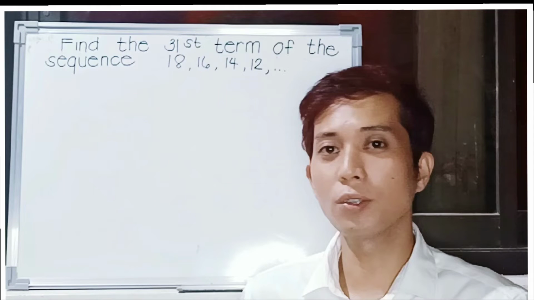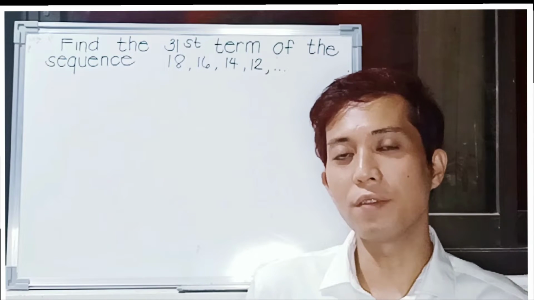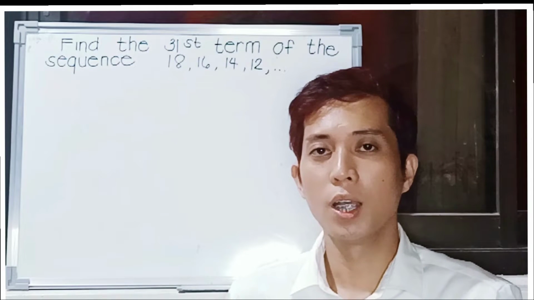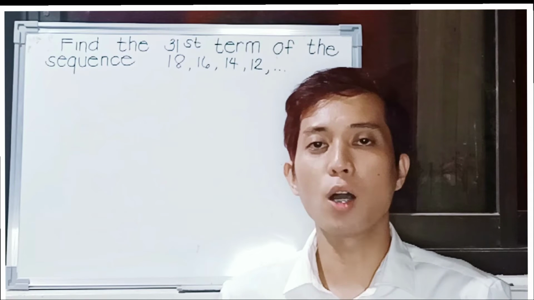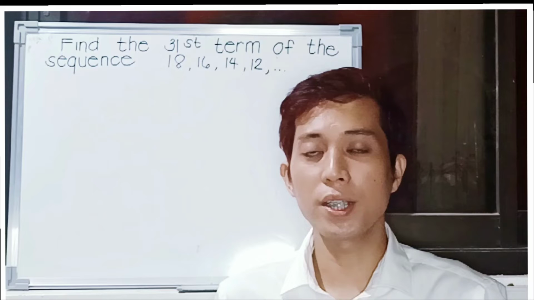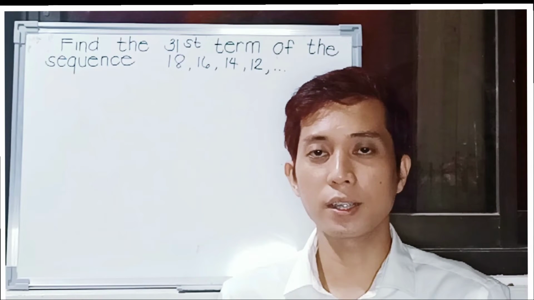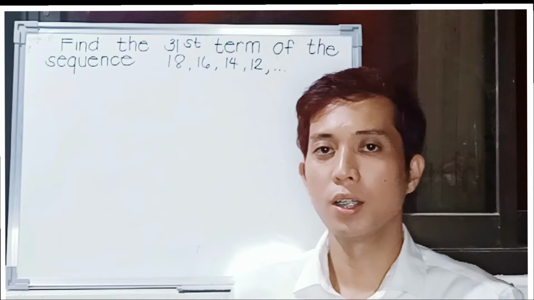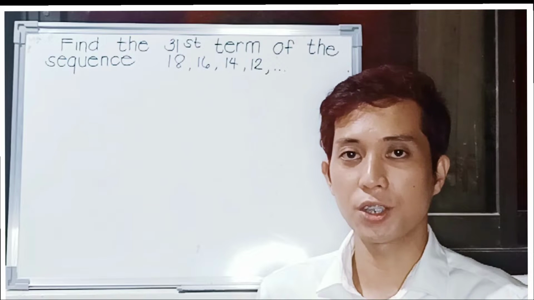As you notice, the sequence is now decreasing compared to the previous sequences that we have solved. Just remember that if the sequence is increasing in order, our common difference is always positive. If the sequence is decreasing in order, the common difference is a negative number. So here, we expect a common difference that is a negative integer.